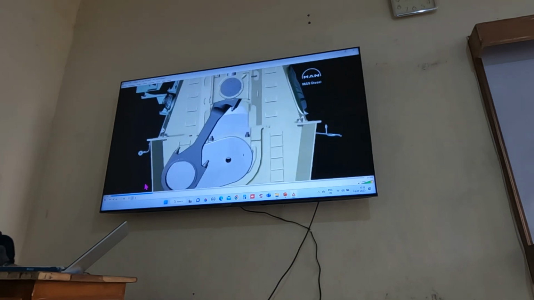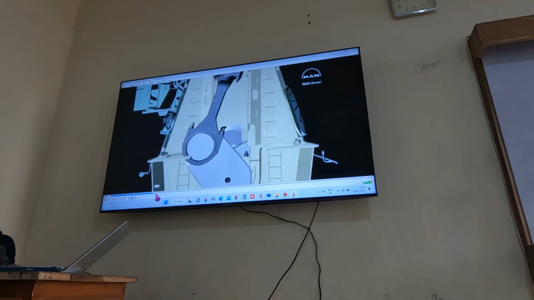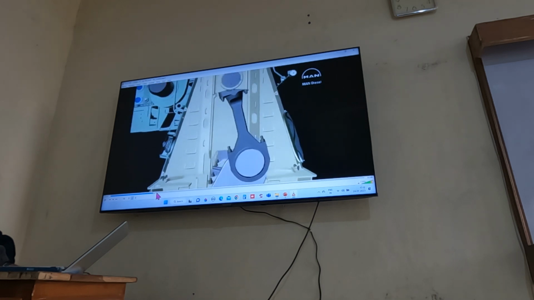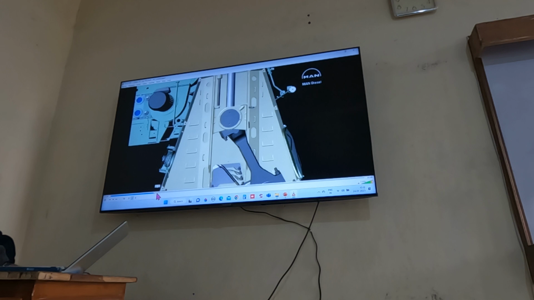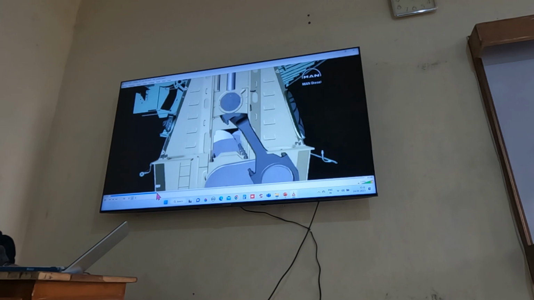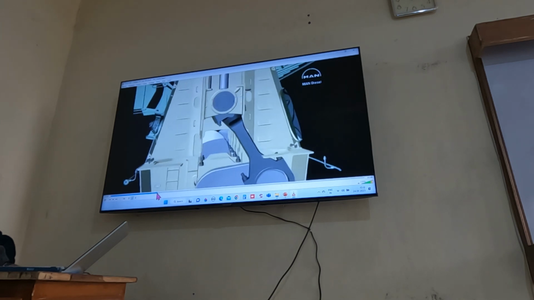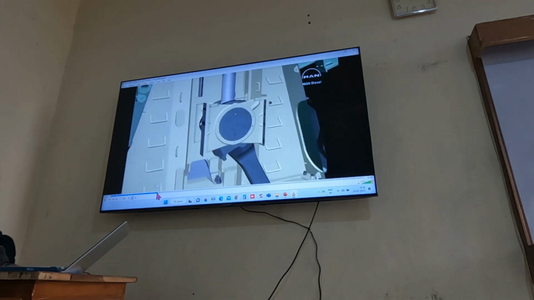In any given piston position during the working stroke, the crosshead is exposed to a vertical force from the piston rod and a force in the direction of the connecting rod, which together result in a horizontal force. This horizontal force must be transmitted to the engine frame, and for this purpose, the crosshead is provided with slide shoes supported on vertical surfaces, the guide bars on the engine frame.